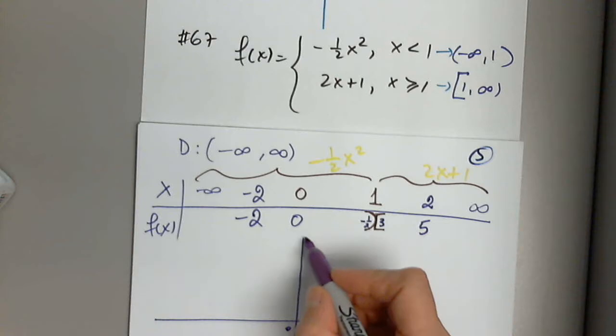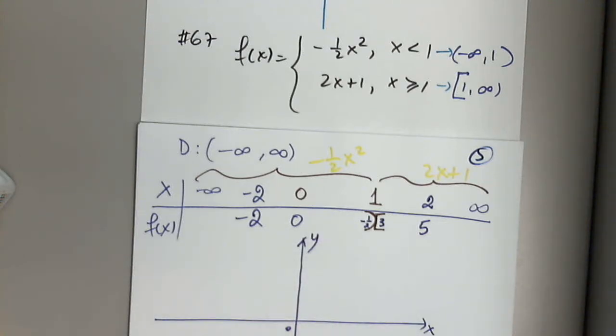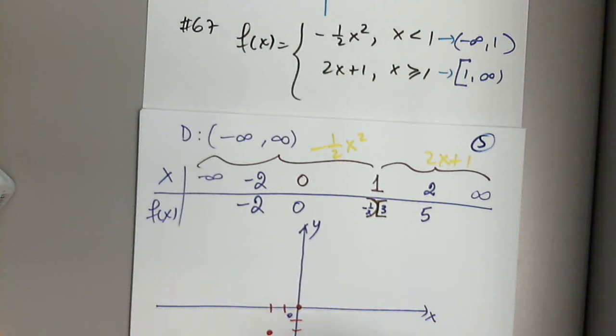From left to right, please dictate the first ordered pair that you want us to plot. Negative 2, negative 2. The next ordered pair. Very good. Next ordered pair.